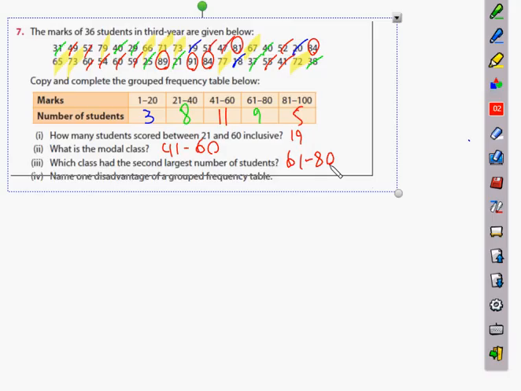An example would be, let's say everybody in the 21 to 40 region, let's say they're all on 39 or 40 on the dot. So let's say all the students either have a score of 39 or 40. It's not really that accurate looking at the table. You think there should be more people who got, like, 25 or 26, wouldn't you?